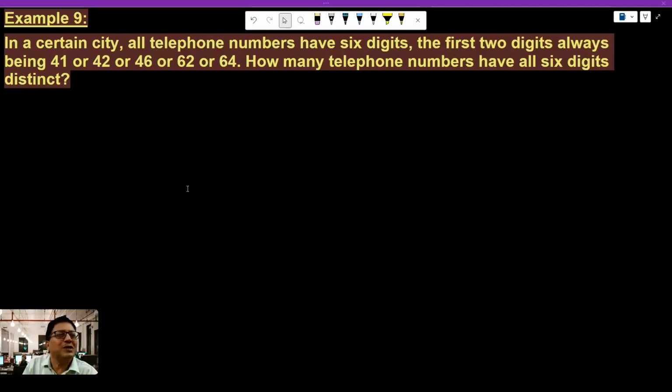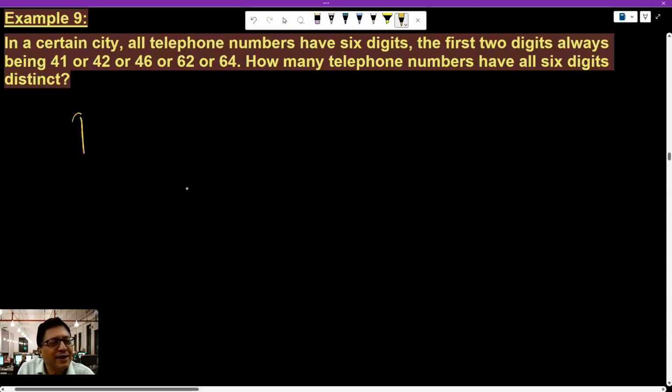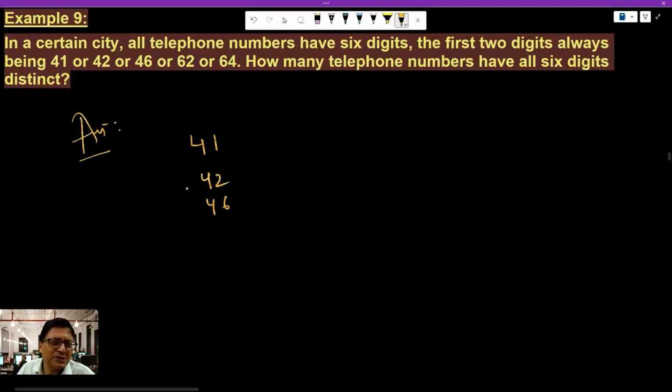So the starting digits they have given, there is no repetition. It is starting with 41, 42, like starting with 7, it is possible, starting with 9, always possible, starting with 98, many numbers like that. 94, BSNL numbers, 9433.